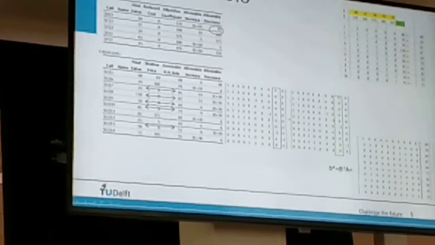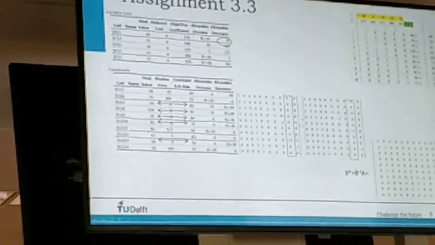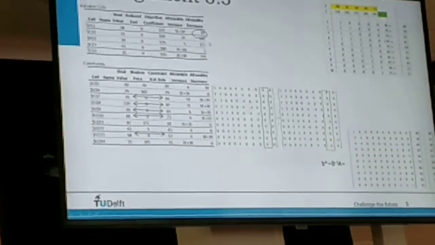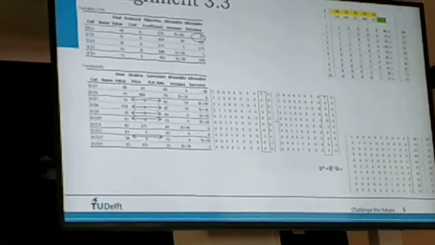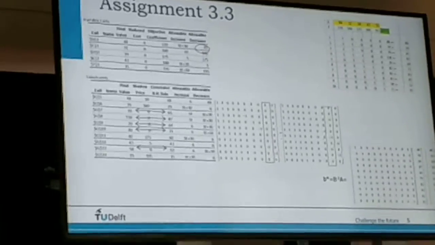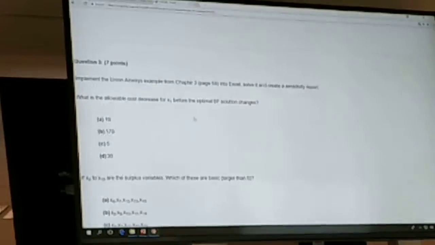So if this decreases by more than 10, so the cost decreases more than 10, then our solution will change.